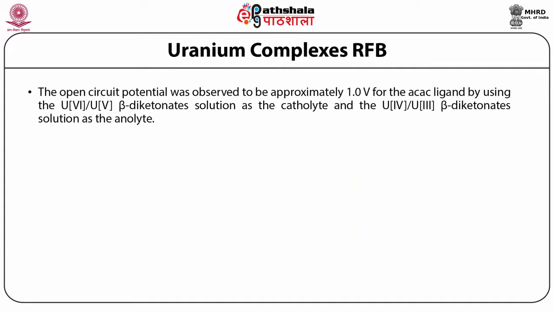The open circuit potential was observed to be approximately 1 volt for the ACAC ligand by using the U6 or U5 beta diketonates solution as the catholyte and U4 or U3 beta diketonates solution as the anolyte.